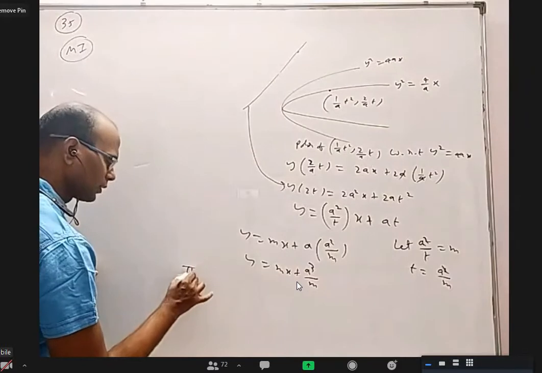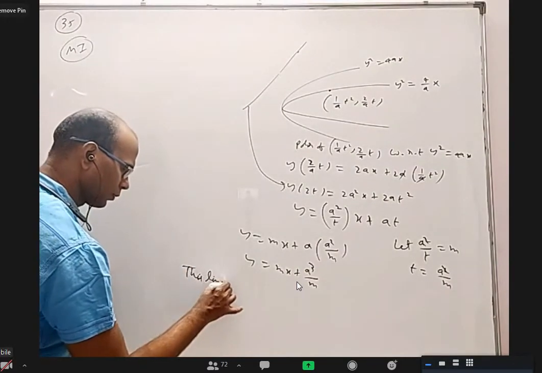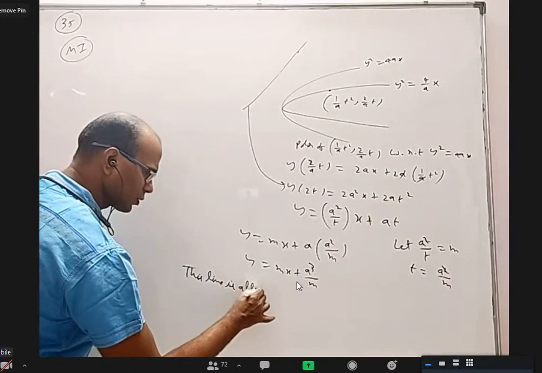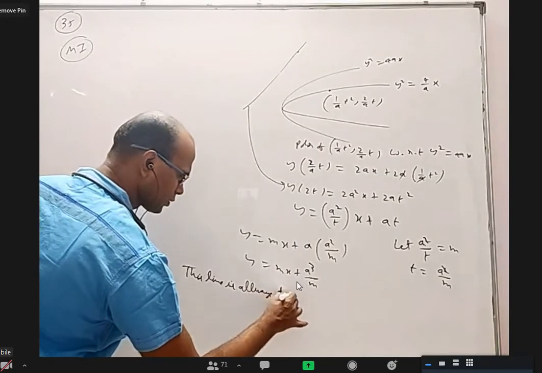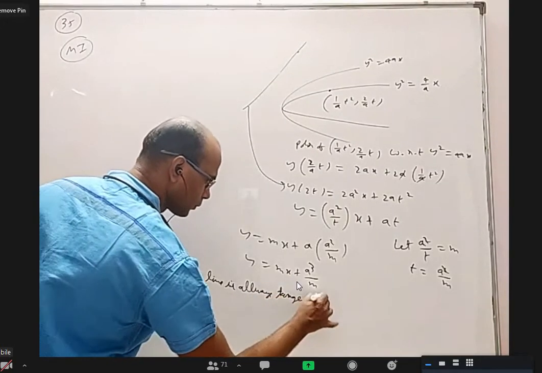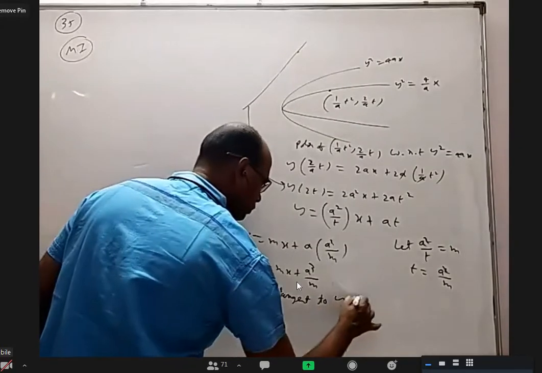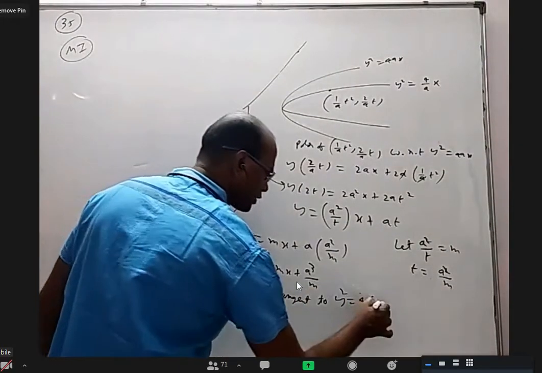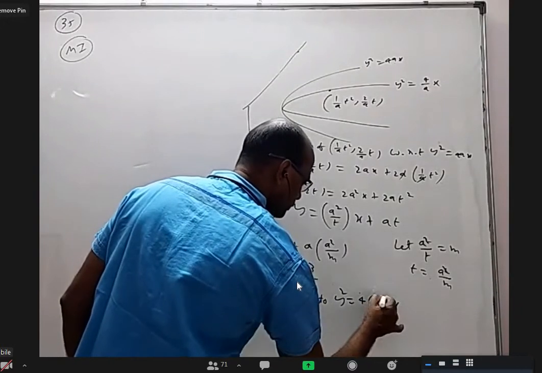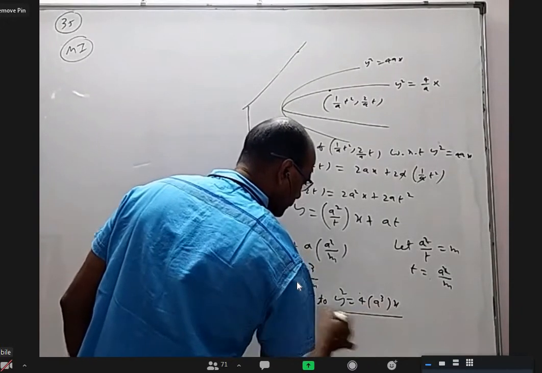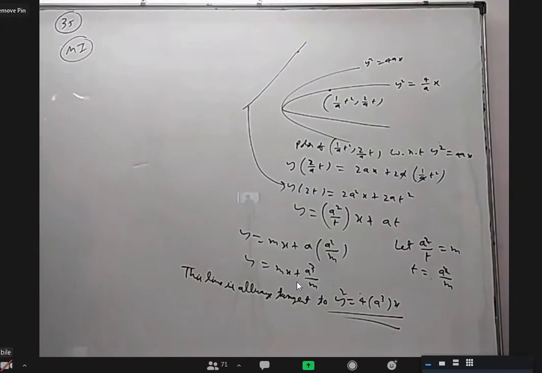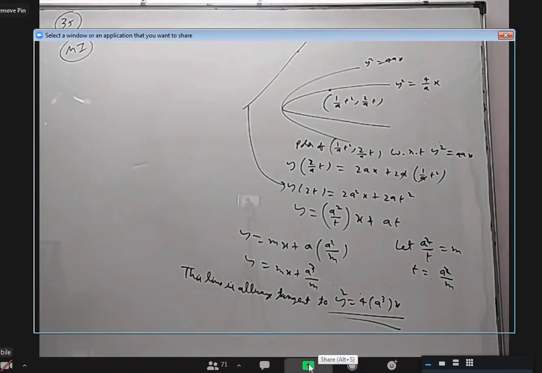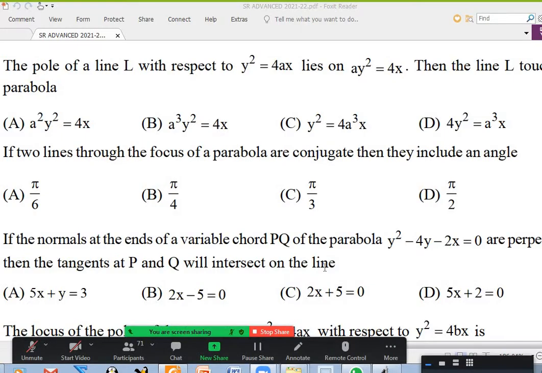So this line is always tangent to y square equal to 4ax, but a is replaced with a cube. So 4a cube x. Let us see whether this answer is there or not. Yeah, option C is there.